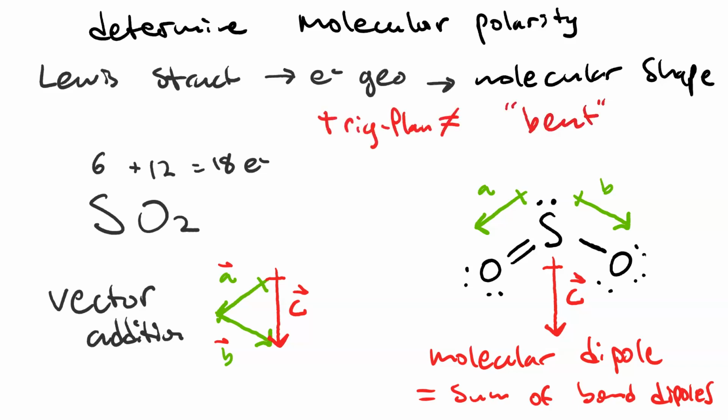That is to say, the electron geometry, trigonal planar, is different from the molecular shape, bent. Therefore the molecular dipole is not zero, and we have a polar molecule. This means that you have a partial positive charge on the sulfur and partial negative charges on the oxygens.